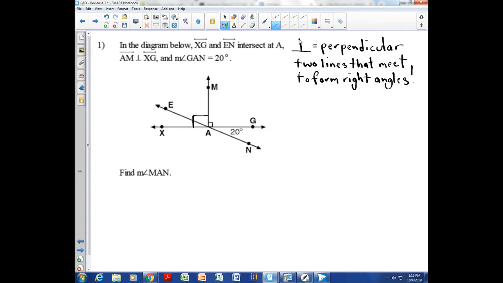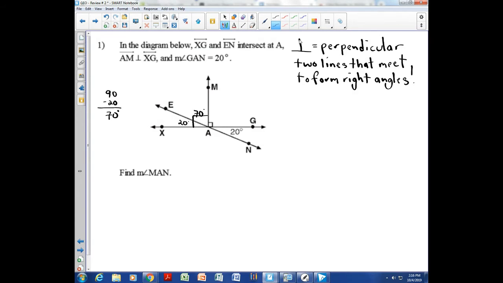If the measure of GAN is 20 degrees, then the angle on its opposite side over here is also going to be 20 degrees because vertical angles are congruent. And if XAE and EAM together make a right angle, that means that they are complementary, that they add to 90 degrees, which means that 90 minus 20 is 70 degrees right there.